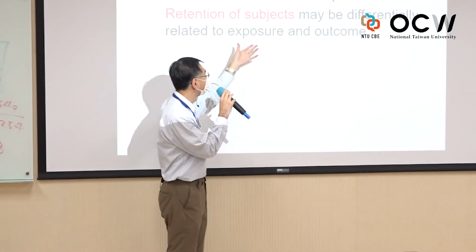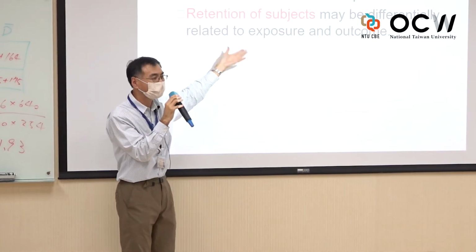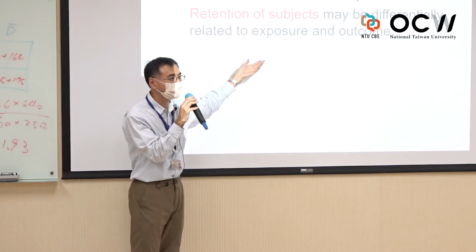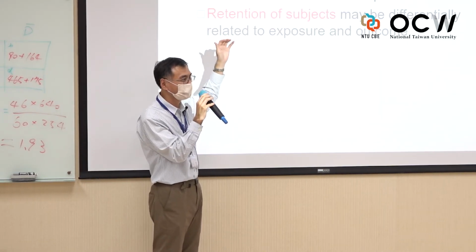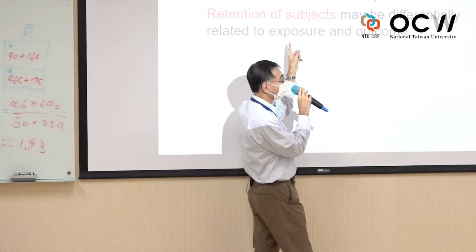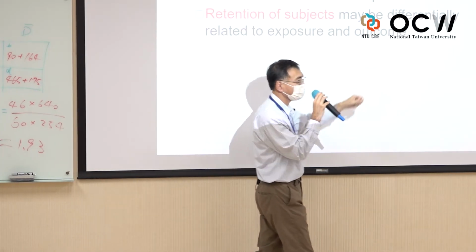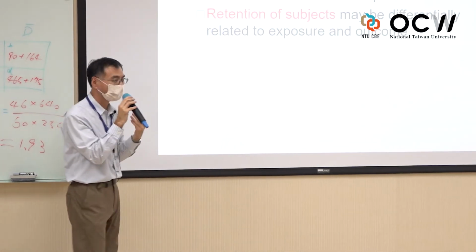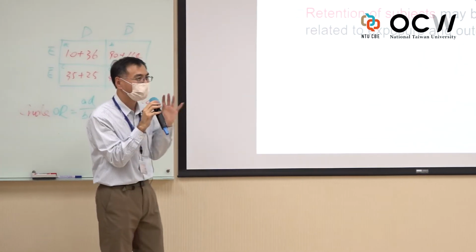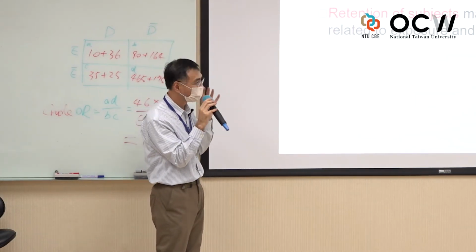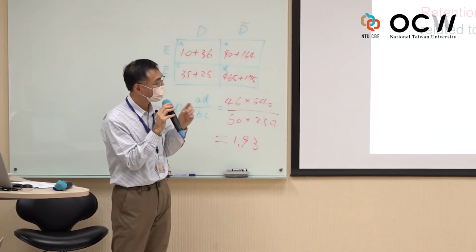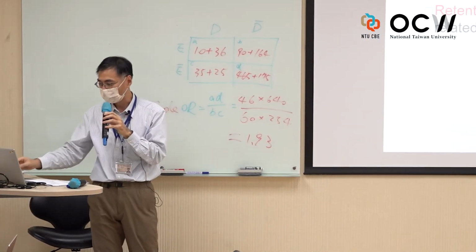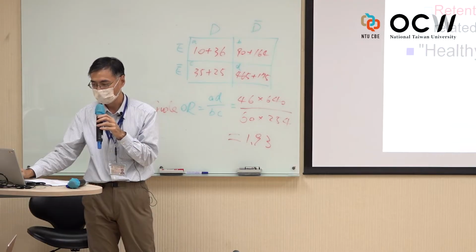In other words, the people exposed to something are more likely to stay or more likely to run away, and also the exposure is related to the outcome we are interested in. There is a perfect storm for cohort study, and that's generally the way selection bias occurs.